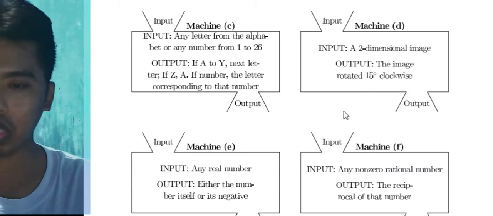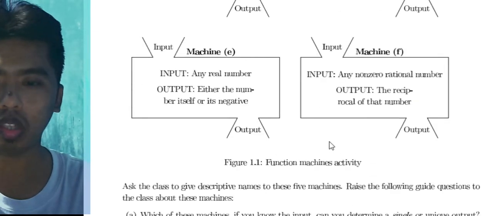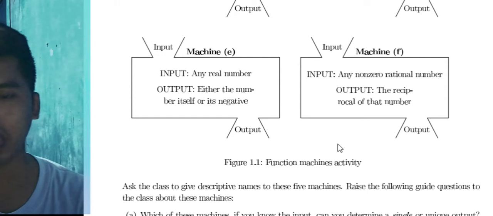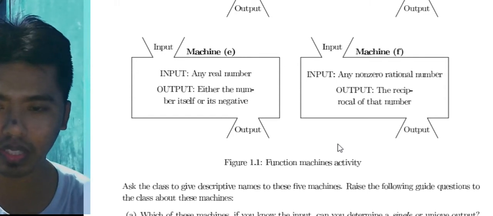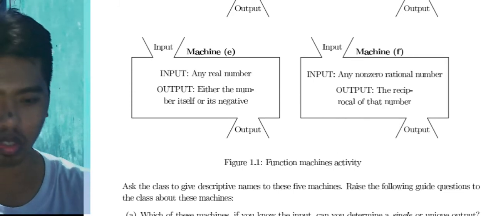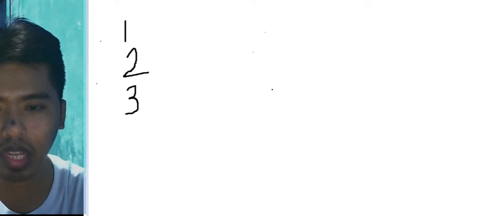Now, let's proceed to machine E. Our input here is any real number. Let's just say 1, 2, 3, right? The output is either the number itself or its negative. So if we try to imagine, any real number, let's just say 1, 2, and 3. And what's stated here for the output is either the number itself or its negative.